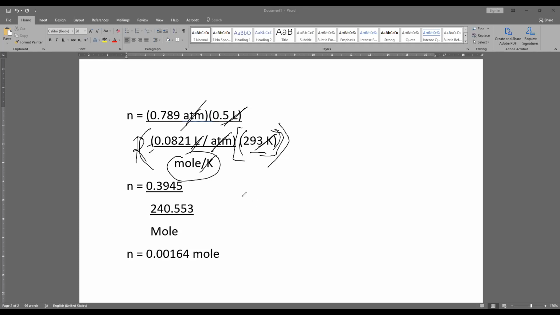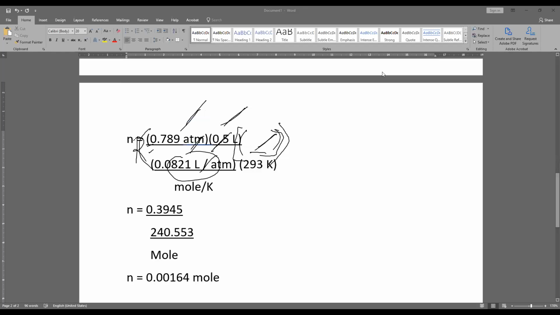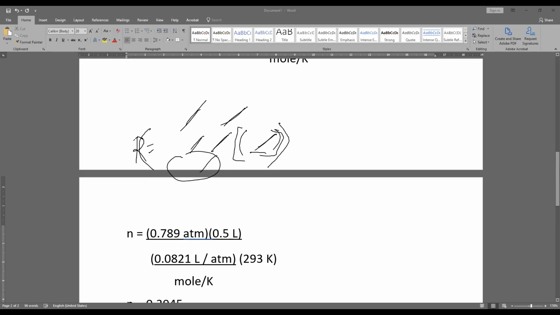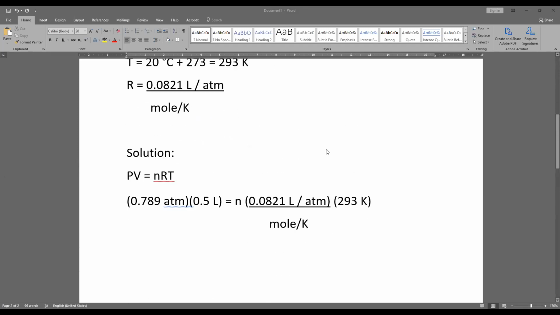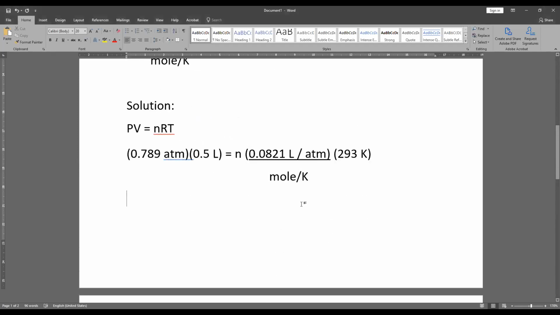If you're going to look at the formula, let's have this one, I will clear this one first. Clear all those. This is our formula, right? PV is equal to nRT. What we did is actually this one. N, because we're looking at the mole, correct? N is equal to PV, correct?